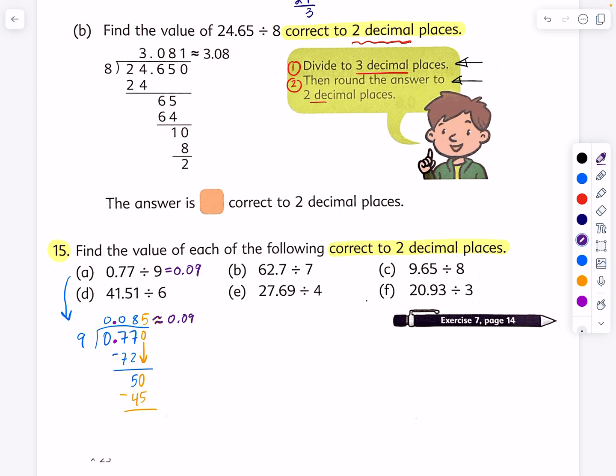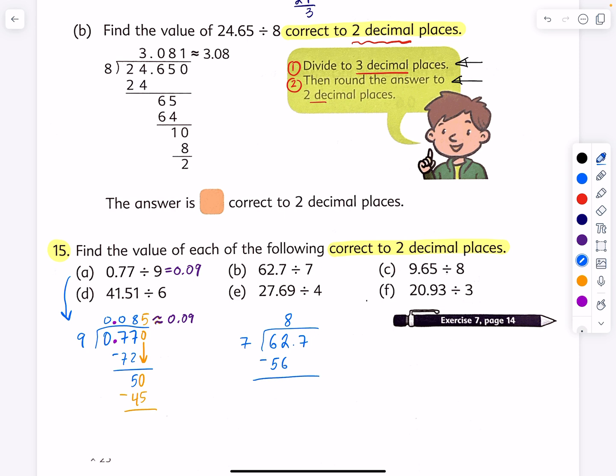Let's do another example. This is difficult material, lots of math in this chapter. Example B: 62.7 divided by 7. 7 goes into 62. It goes into 63 9 times, but we don't have 63, so therefore 8 times. 7 times 8 is 56.